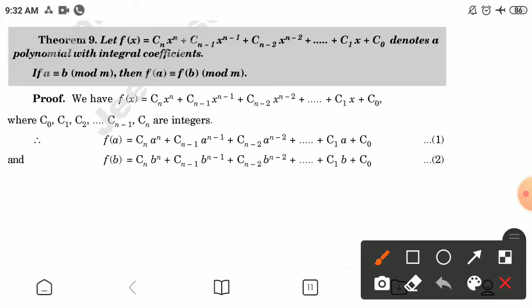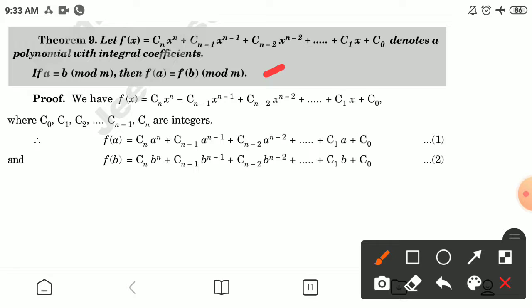Now the next result. Let f(x) is equal to c_n x^n plus c_(n-1) x^(n-1) plus c_(n-2) x^(n-2) plus so on plus c1 x plus c0 denote a polynomial with integral coefficients. If a is congruent to b mod m, then f(a) is congruent to f(b) mod m.